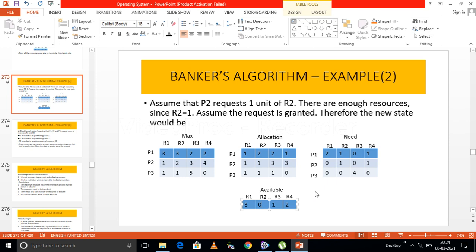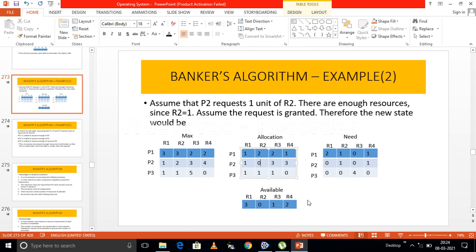Any request which leads the system into an unsafe state must be denied, which means we are not able to allocate this 1 instance to process P2. So this is a small example of how a small change in the allocation of resources can lead to the unsafe state.